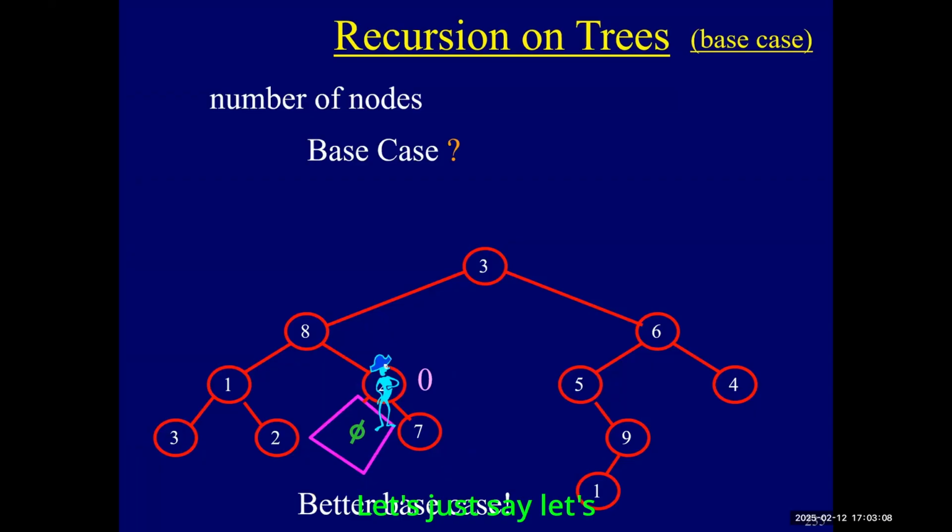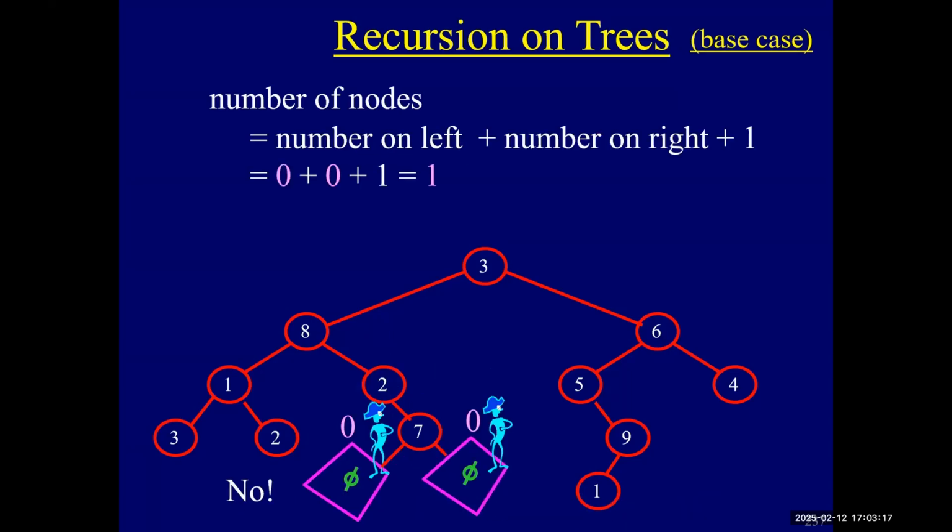Let's just have our base case be that we have no nodes. And how many nodes are there? 0. And then does 7 get the right answer? Yeah, it's going to be 0 plus 0 plus 1 is the answer. Everybody see that?